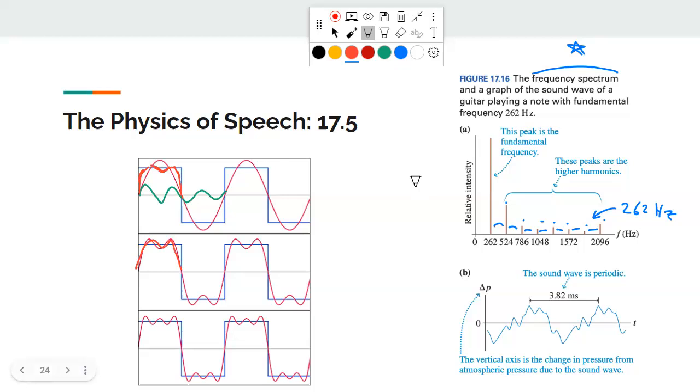As we add more and more frequencies at different amplitudes together, we can create something that looks more and more similar to this square wave. By the time we're at the bottom picture, even though we've only used sine waves, we can make them look flatter on the top by using constructive and destructive interference to smooth out those lumps where we would like to smooth them.